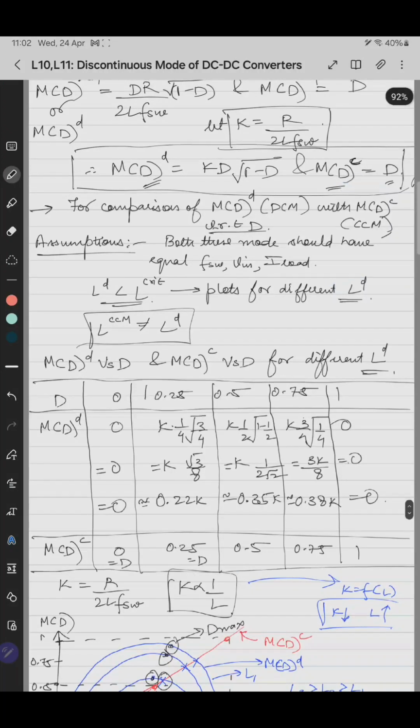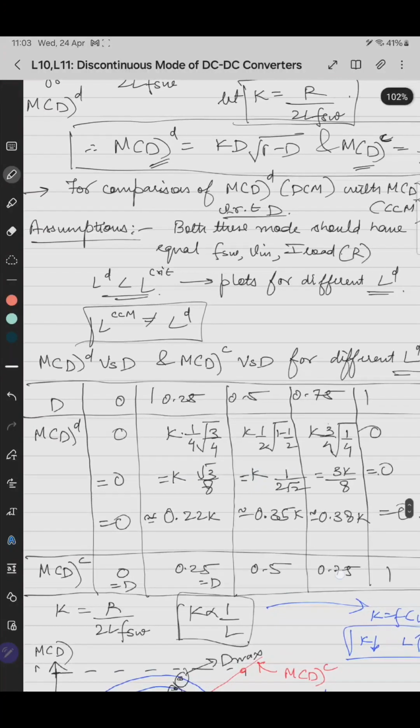So switching frequency, Vin, I load, meaning the loading condition, these should be the same. That is, if I load is the same, we'll assume that R is the same. So in this case, the reason for discontinuity is only one, that is insufficient inductance. So the only thing that varies between discontinuous and continuous mode is the inductance.